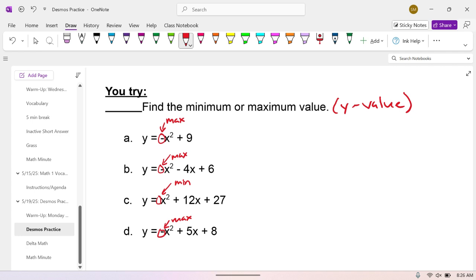All right. So go ahead and find the other points. Well, not the points. I just want the y value.